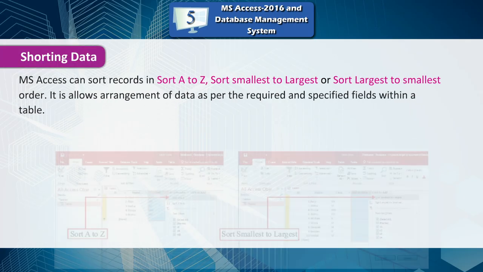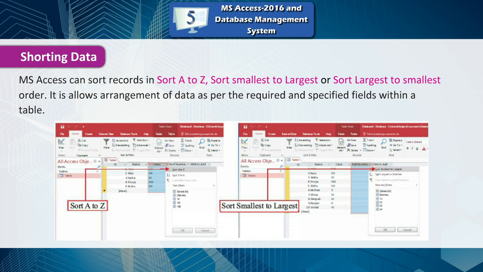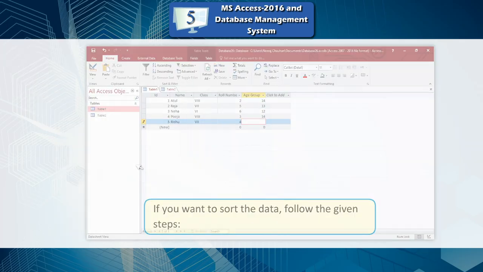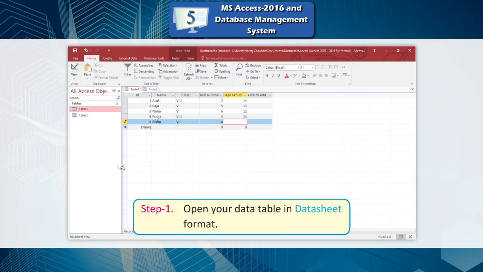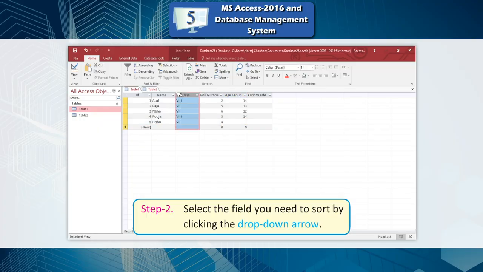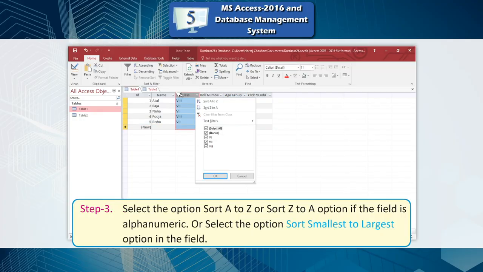Sorting data. MS Access can sort records in Sort A to Z, Sort Smallest to Largest, or Sort Largest to Smallest order. It allows arrangement of data as per the required and specified fields within a table. If you want to sort the data, follow the given steps. Step 1. Open your data table in Datasheet format. Step 2. Select the field you need to sort by clicking the drop-down arrow.